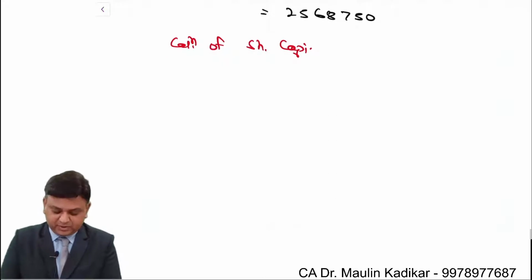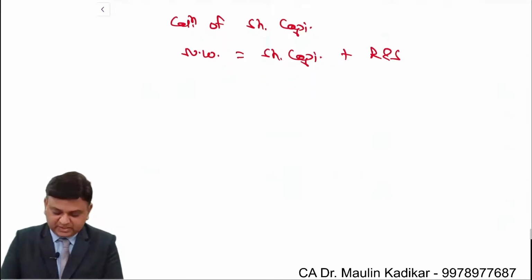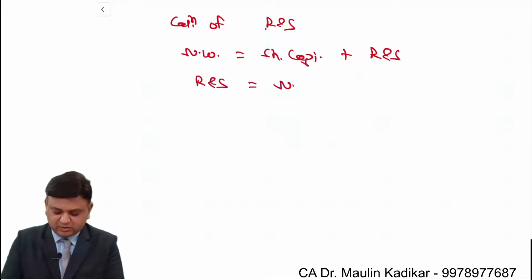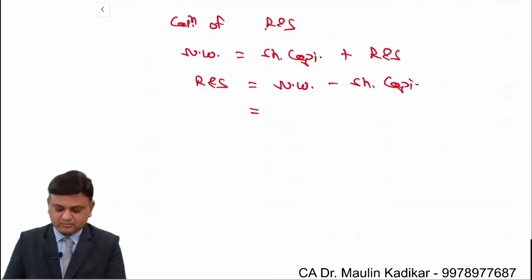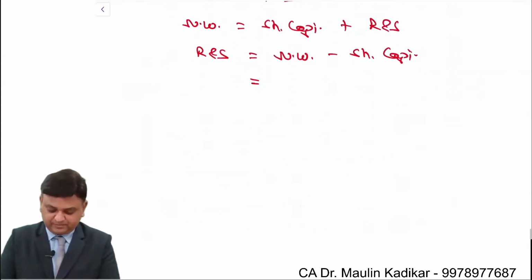How can we make the computation? Net worth is equal to share capital plus reserves and surplus. So we have to find the reserves and surplus. Reserves and surplus is equal to net worth minus share capital. What is the net worth? It is 42 lakh 81,250 minus 25 lakhs.